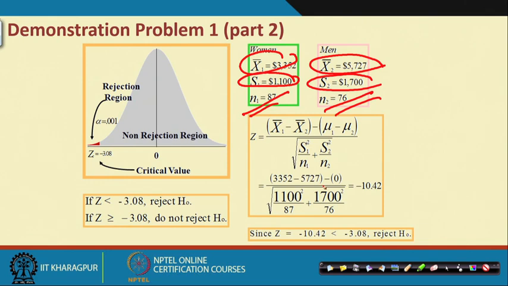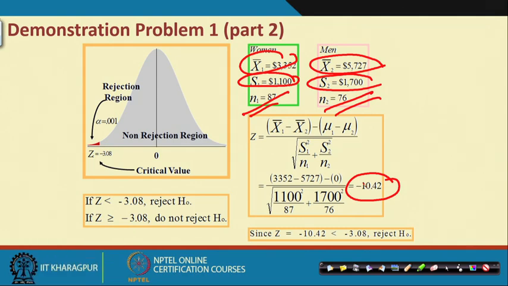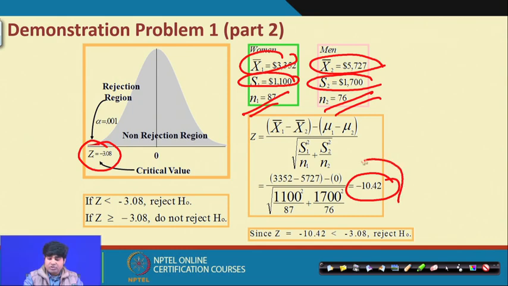Accordingly you put in all these values and report the z statistic, and the z value is coming minus 10.42. Corresponding to alpha equal to 1% and one tail, the z critical is minus 3.08, but here your z value is minus 10.42. So it is crossing the z critical. As a result, we are in a position to reject H0. So the conclusion is to reject H0.